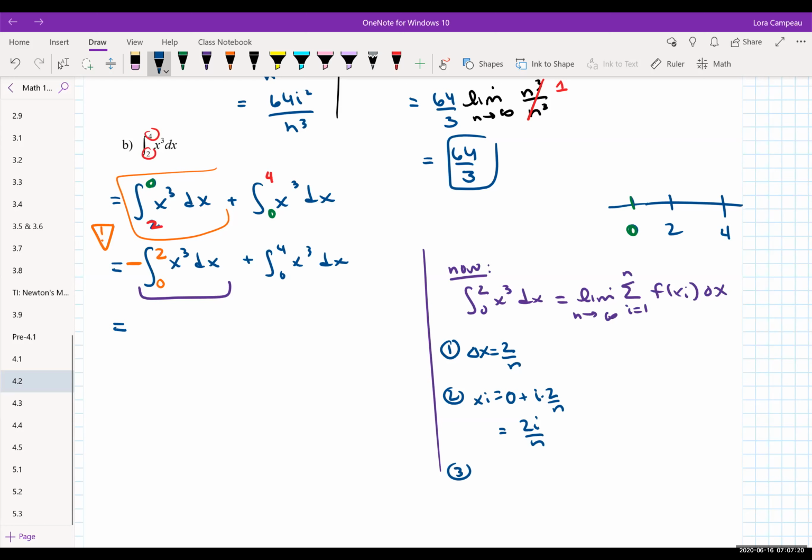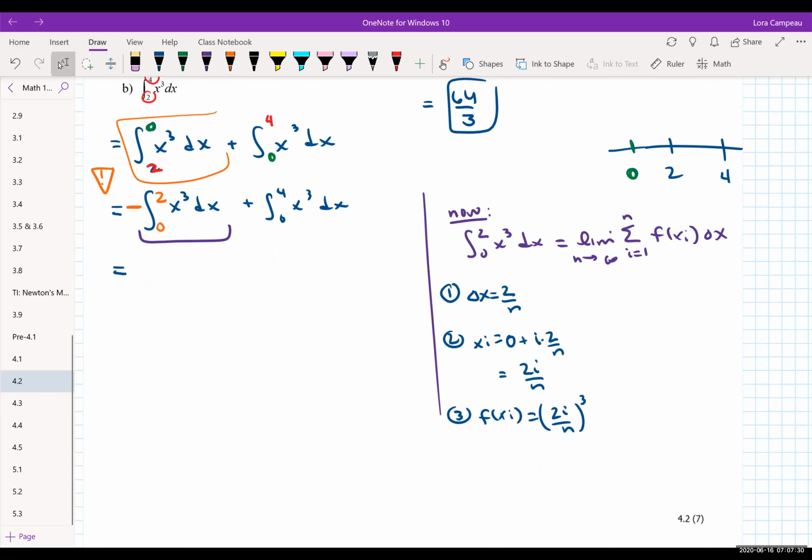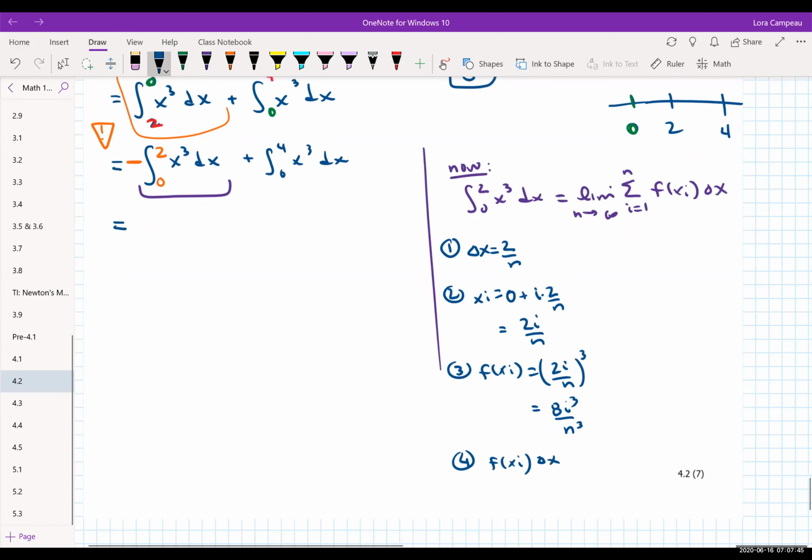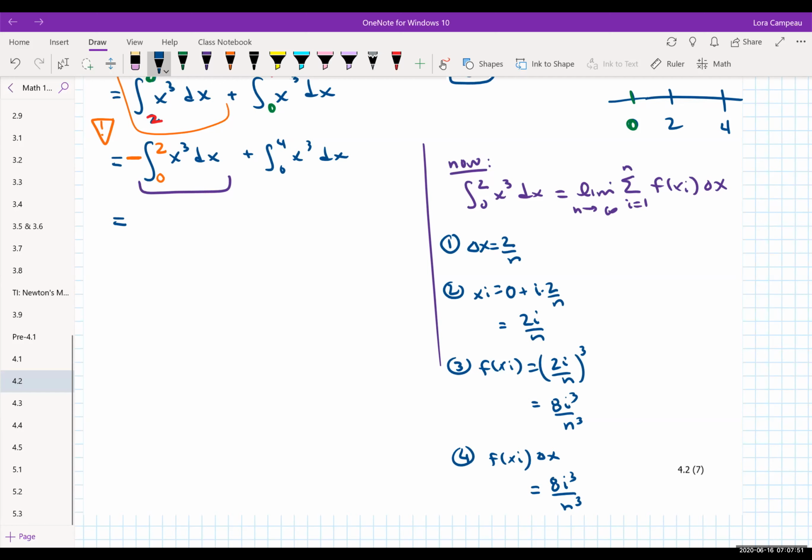F of x of i, that's cubing your 2i over n, and that's nice too, just having one term to cube. So does that give us 8i cubed over n cubed? And then f of x of i times delta x. So what does that equal to? F of x of i is 8i cubed over n cubed, and delta x is 2 over n.